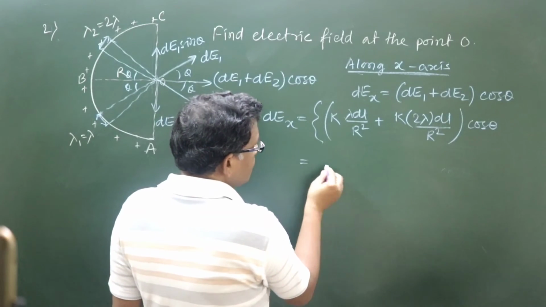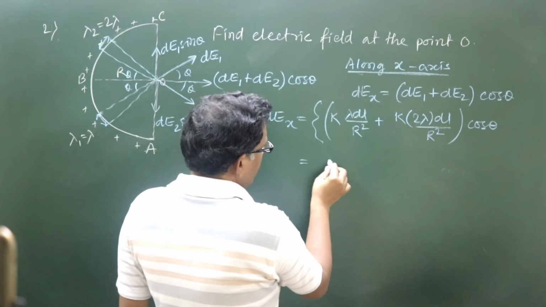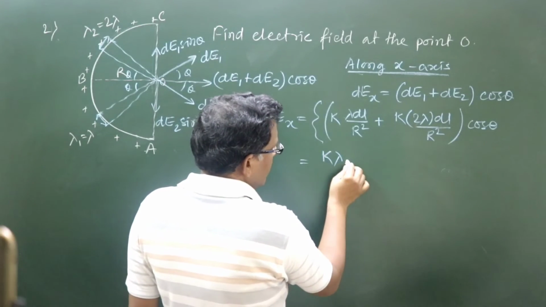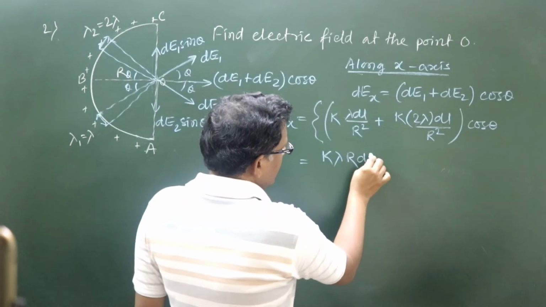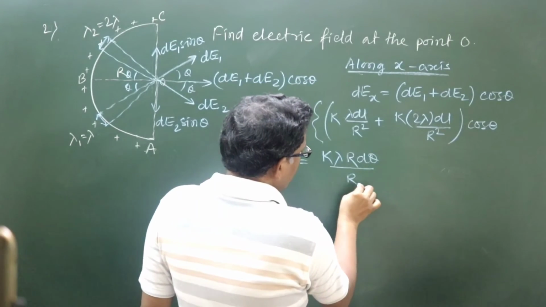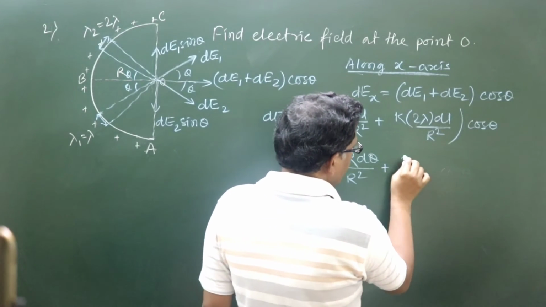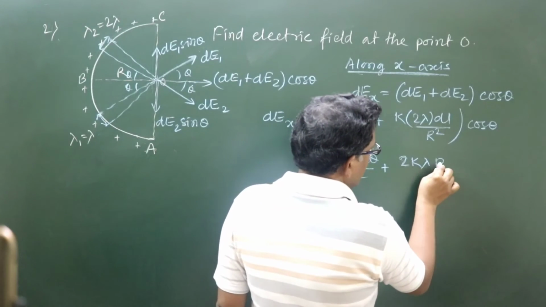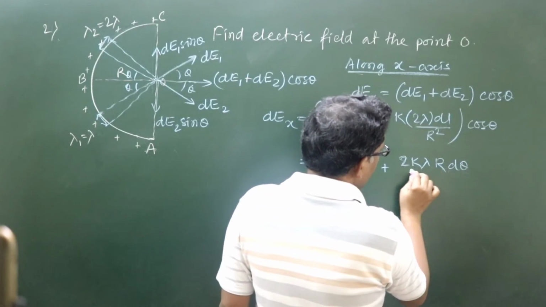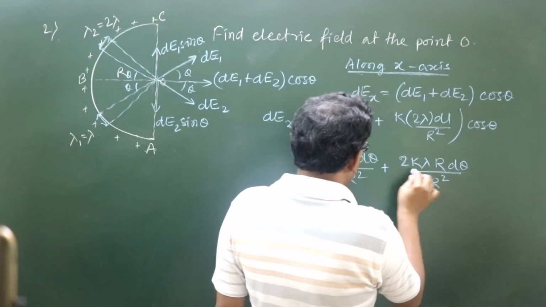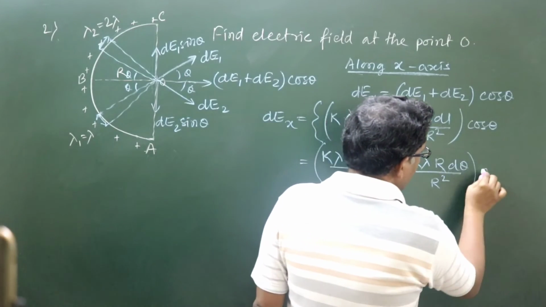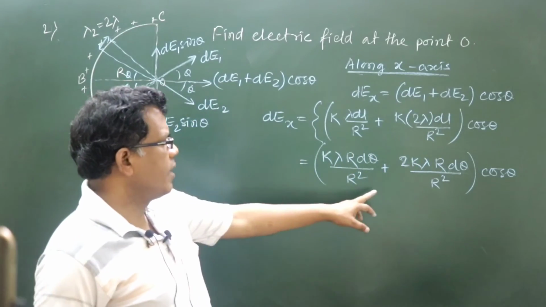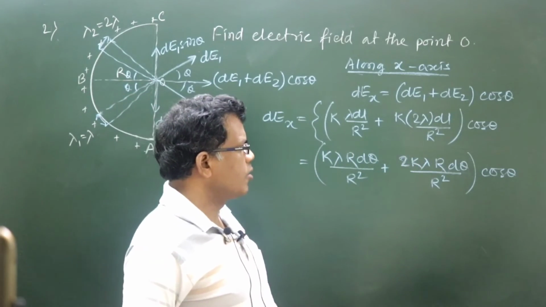So then it will be k lambda r d theta by r square, and in the second part it will be 2k lambda into r d theta by r square, that into cos theta. So ultimately these two terms can be added up. Denominator same, numerator terms are also same.